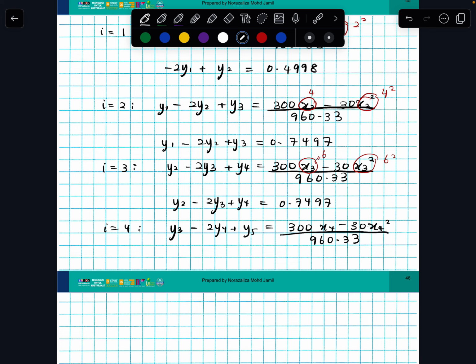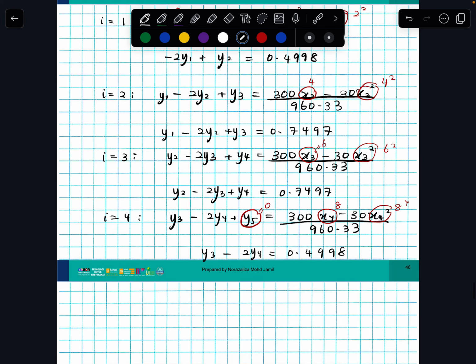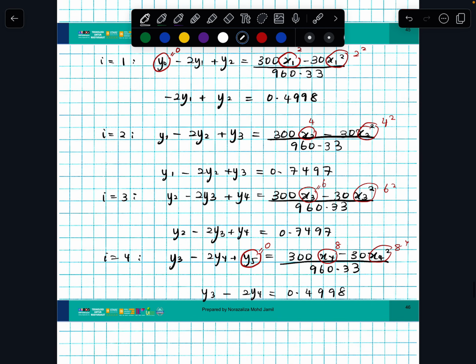So let's replace what we have here. y5 is another boundary condition which we know equal to 0, and x4 equal to 8. Okay, this is 8 to the power 4.